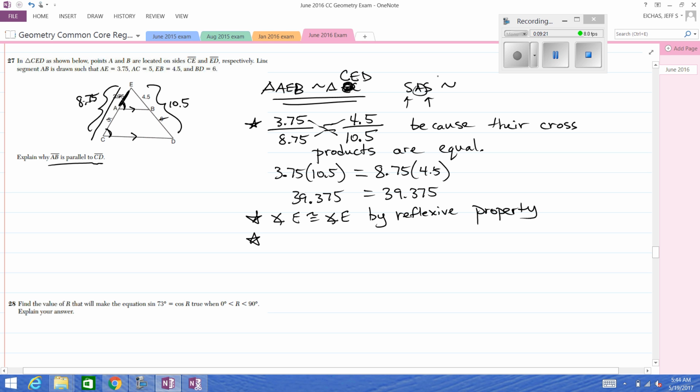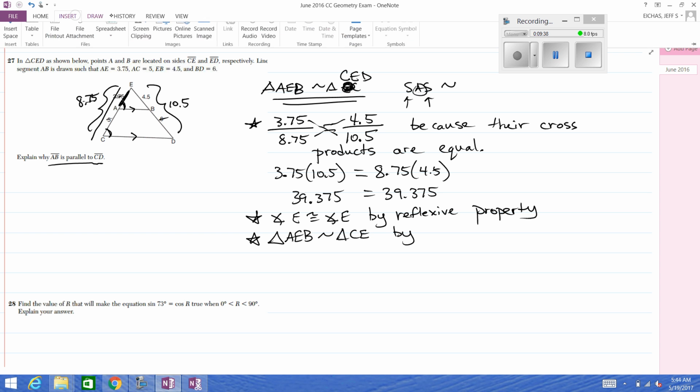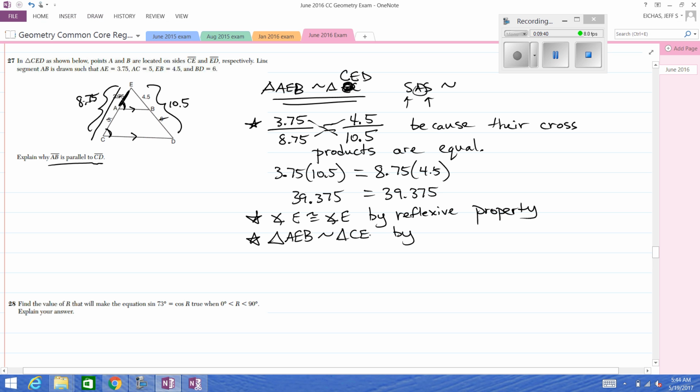That's enough to get us a pair of corresponding angles congruent, so we can go ahead and say that. Triangle AEB is similar to triangle CED, like that, by the angle-angle triangle similarity postulate.